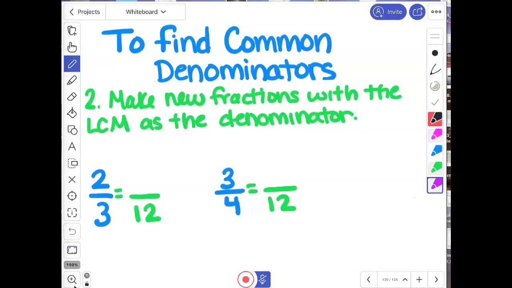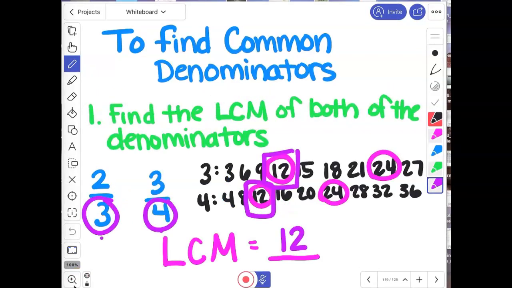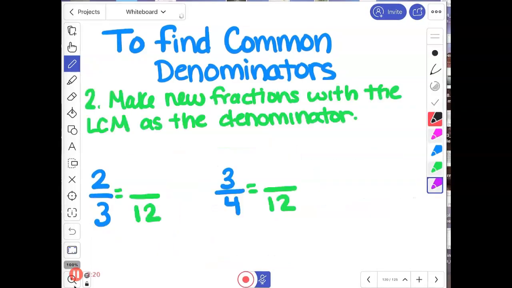So to review, I found the LCM of 3 and 4. I rewrote my fractions with a new denominator, which is the LCM. Do you see how I'm making both of the fractions have a 12 on the bottom? That's because it's the least common multiple.